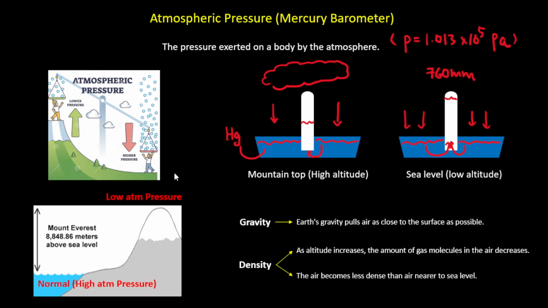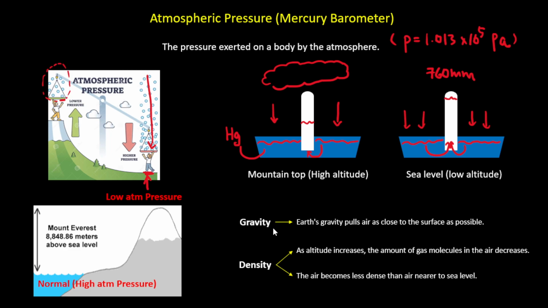But why is the pressure actually higher near the ground? It's because of gravity. Since we're closer to the Earth, its gravity will pull the air as close to the surface as possible. And in terms of density, when we are very high, at the top of a mountain, as the altitude increases, the amount of air particles or gas molecules in the air decreases.